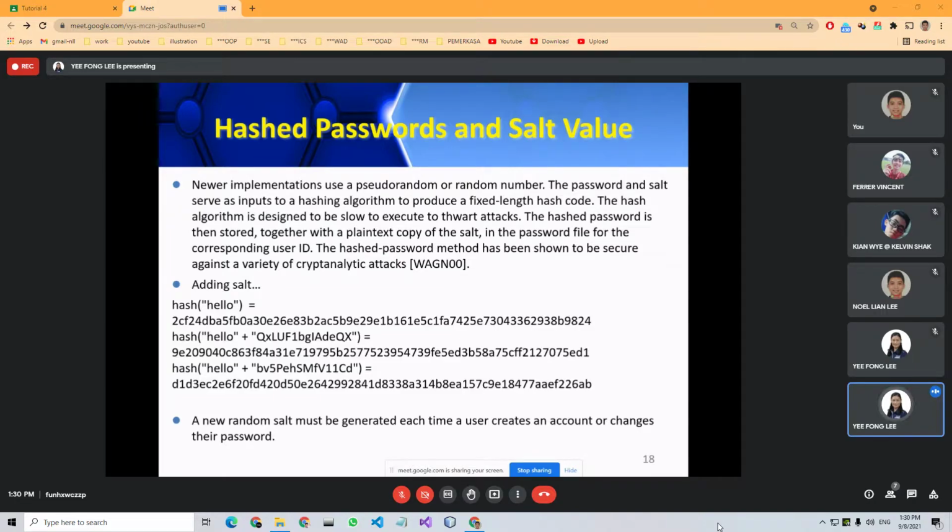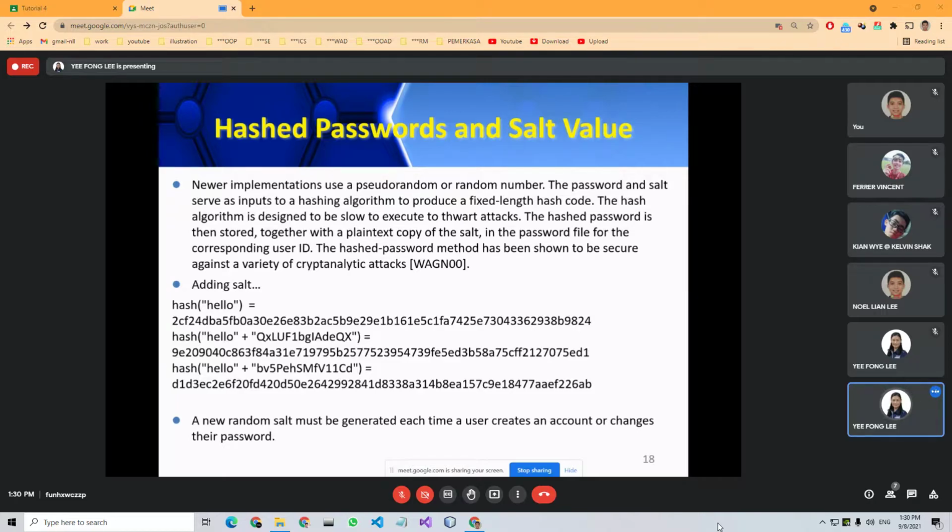So if, let's say, Alice and Bob, we always use the same names, Alice and Bob use the same password, a certain term as a password, the hash generated will be the same. How to solve it? That's why the salt value comes in.